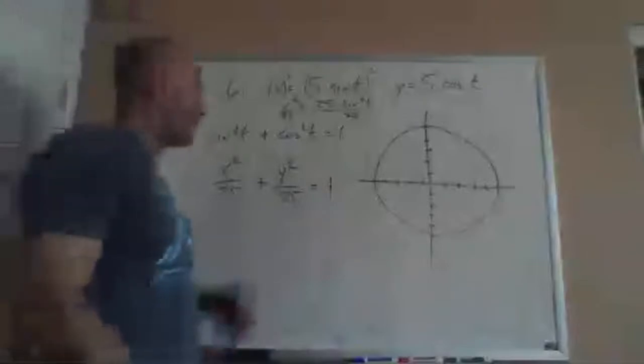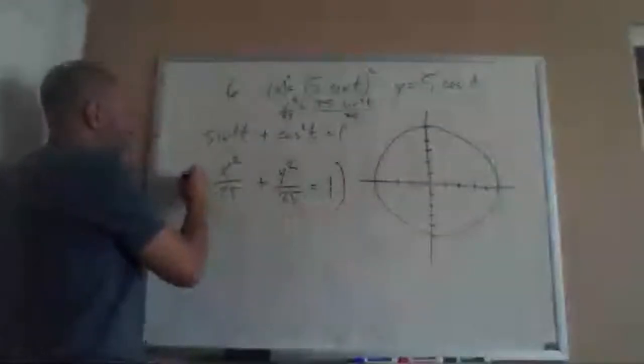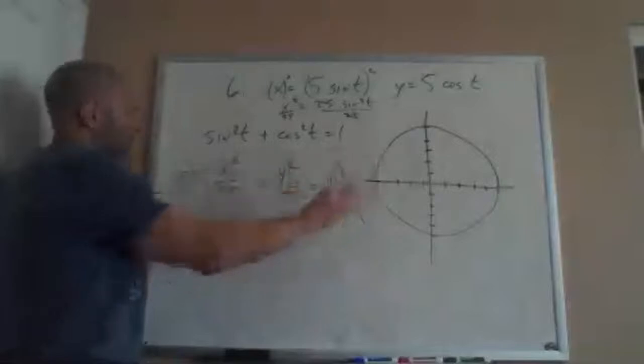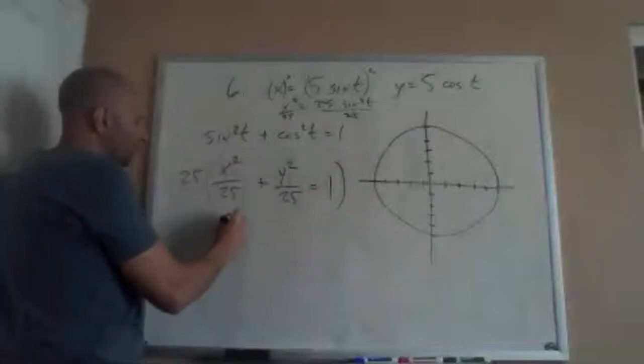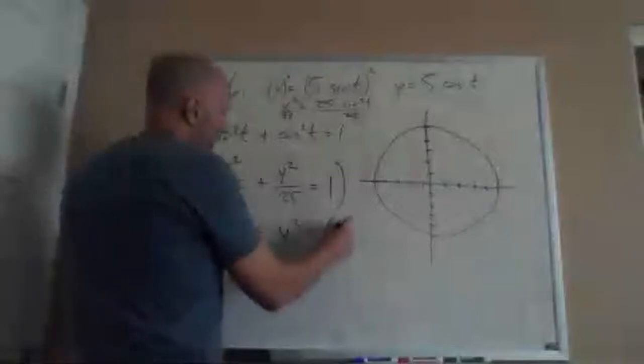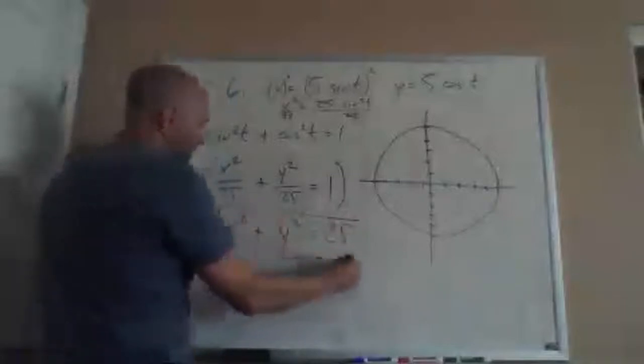Now again, remember what I told you, this equation has to give you the same picture as this. Well, you could leave it here. You could finish at that point. But just to show you, if I multiply everything by 25, I get what? X squared plus y squared equals 25.